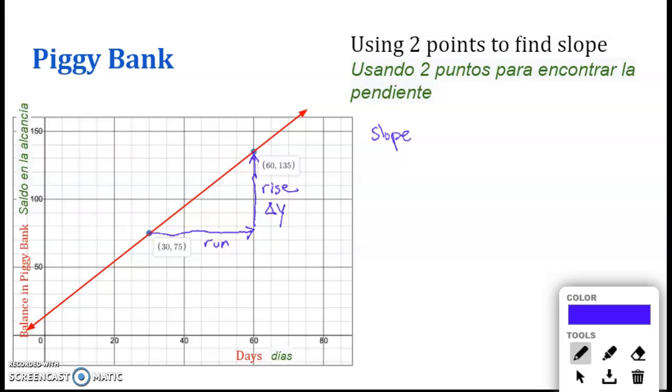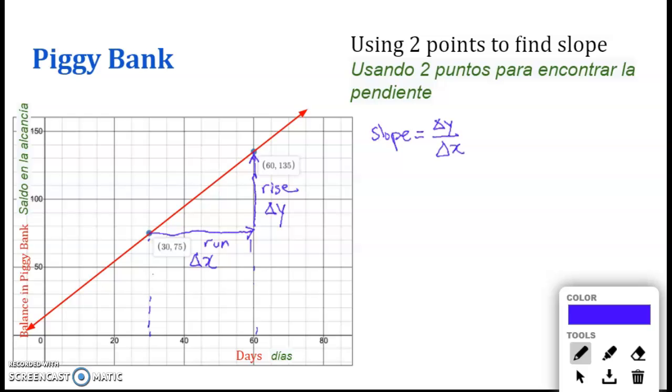And the run is how much the x value is changing. It's going from 30 to 60 here. So we call that change in x. So rise is another name for change in y, and run is another name for change in x. So instead of rise over run, we're going to write change in y over change in x.